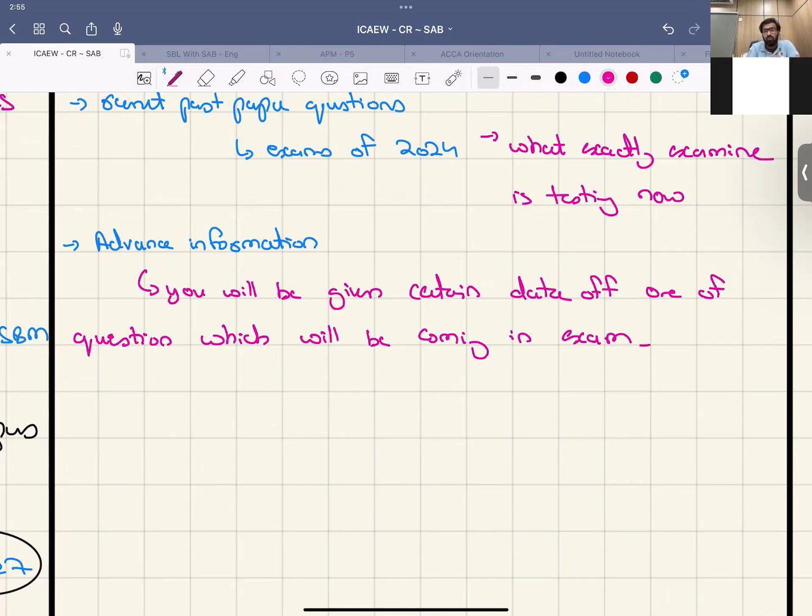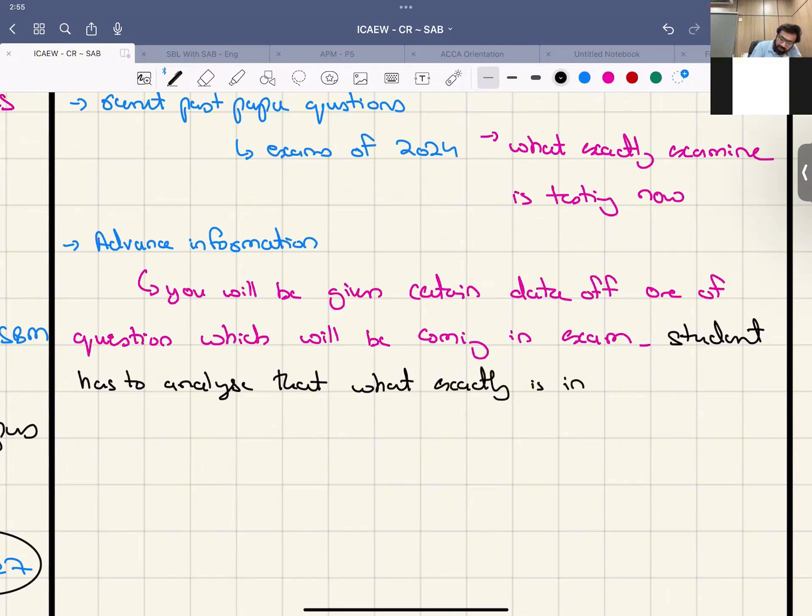So they have kind of leaked data before the exam about what is going to come, and the student has to analyze what exactly is in that data. Plus there is a data management software as well.